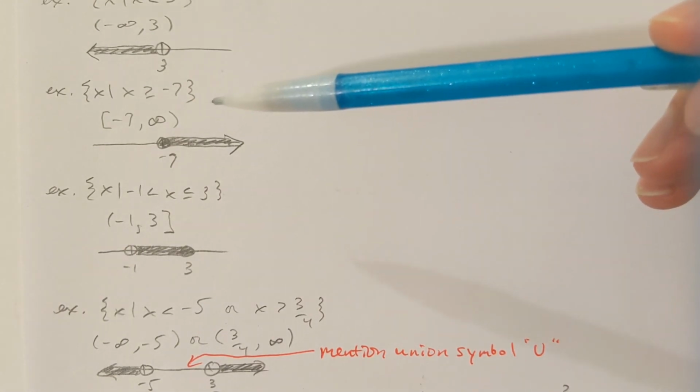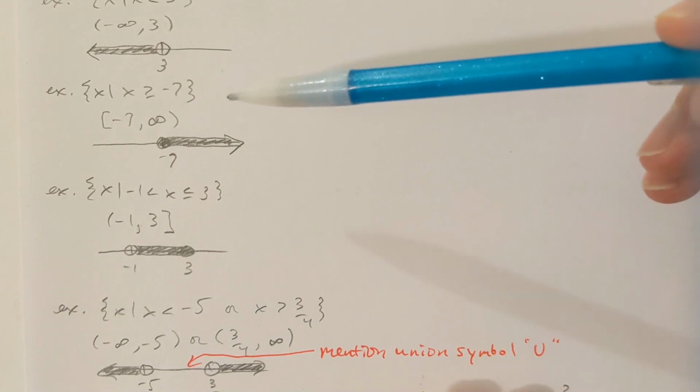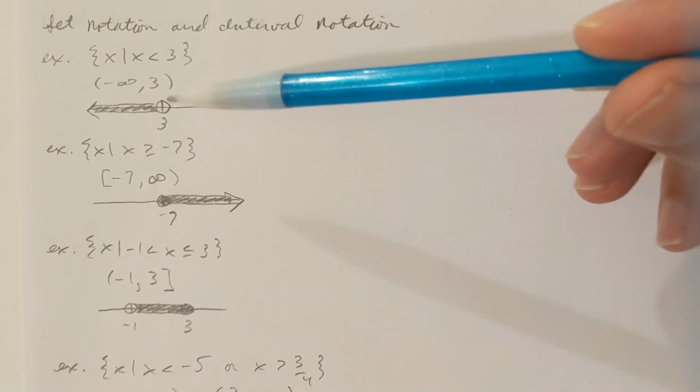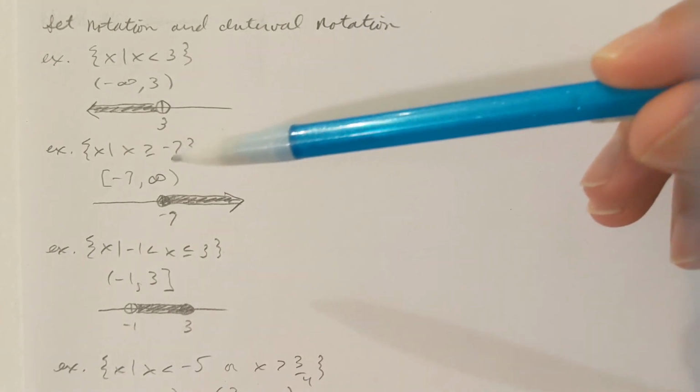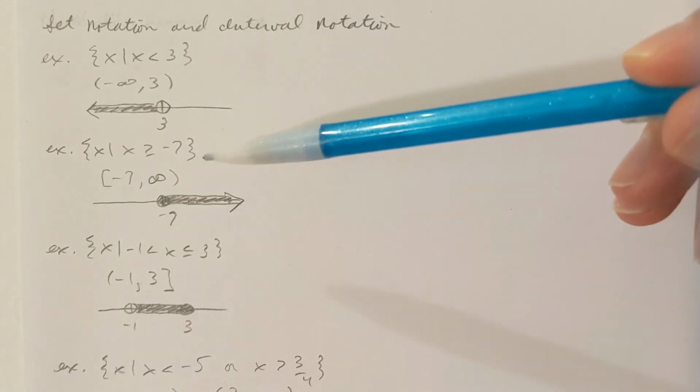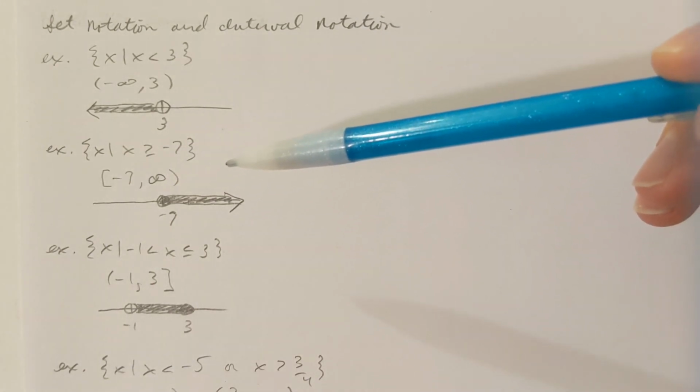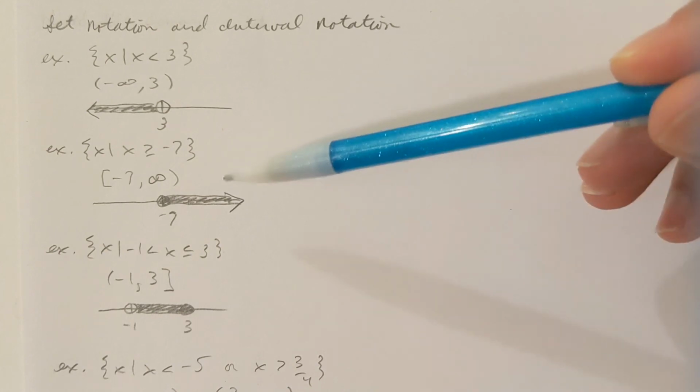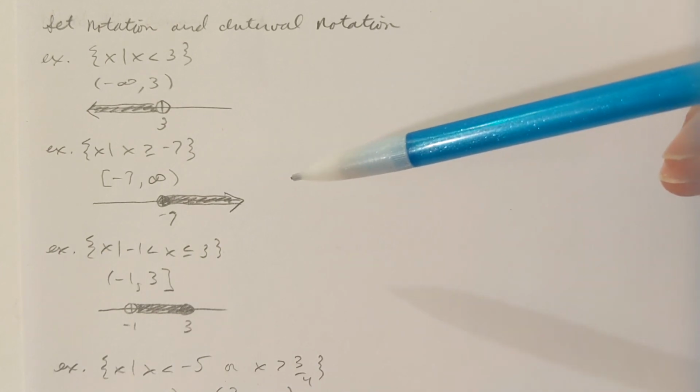And by the way, the order matters for interval notation. I wouldn't write 3 comma negative infinity. I wouldn't want to write infinity comma negative 7. That doesn't make any sense. I always want the smaller number first and the bigger number second.